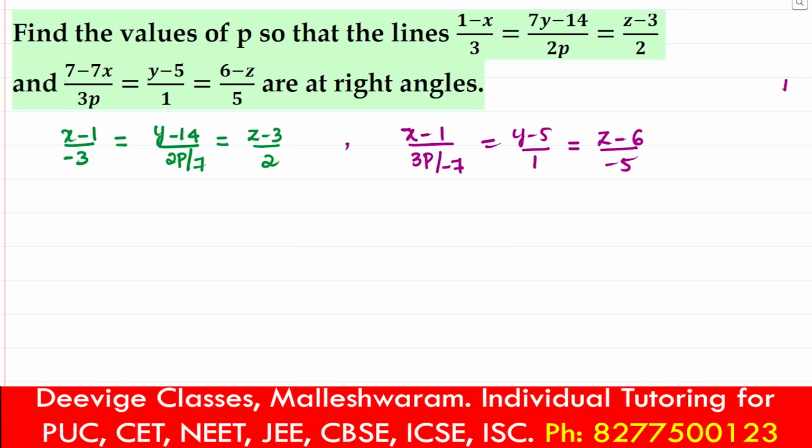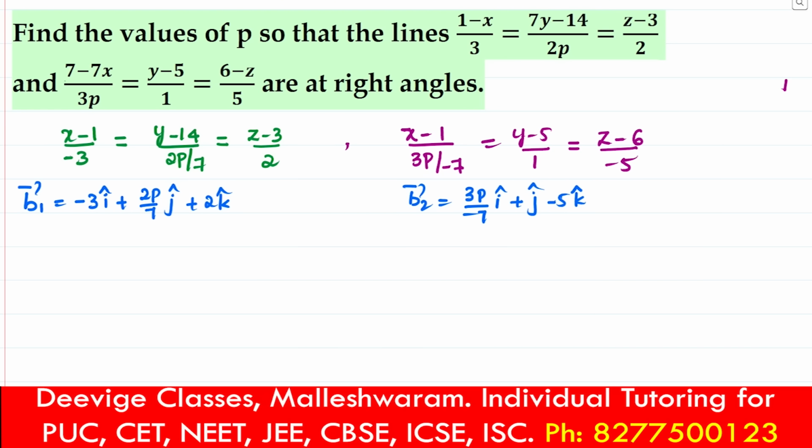So now write down the values of b1 and b2 vectors. b1 is equal to minus 3 i cap plus 2p by 7 j cap plus 2 k cap, and b2 vector is equal to 3p by minus 7 i cap plus j cap minus 5 k cap.